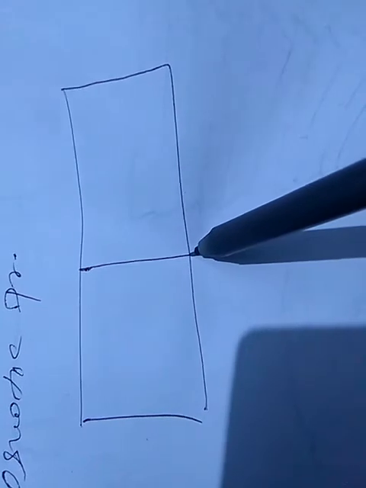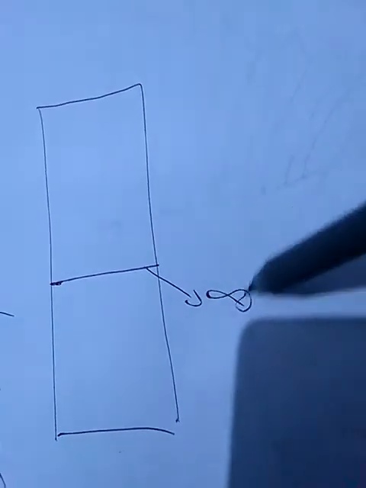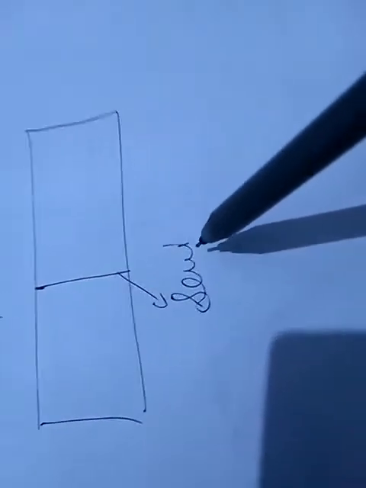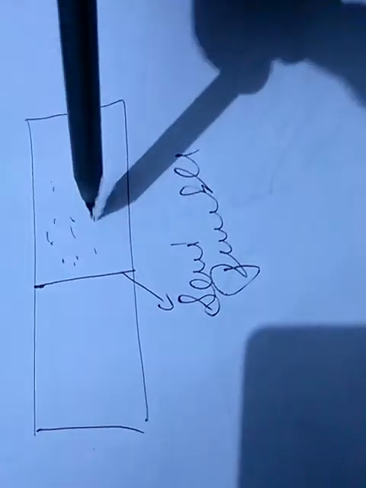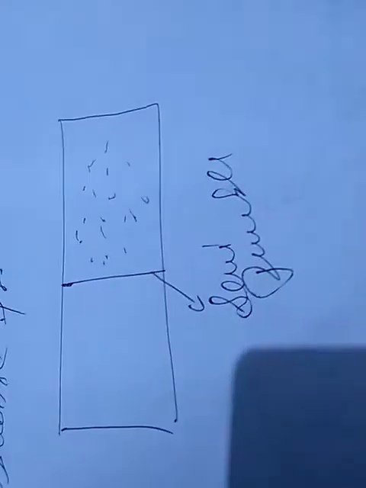Suppose there is a chamber. This chamber contains in between a membrane. This membrane is in nature semi-permeable. Now, one side of this chamber, suppose this side, is containing the salty water.